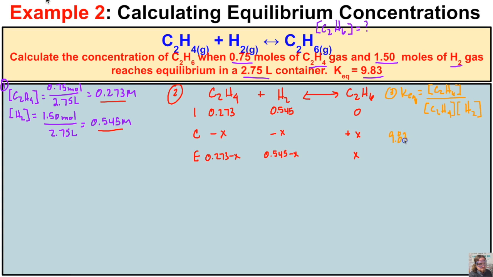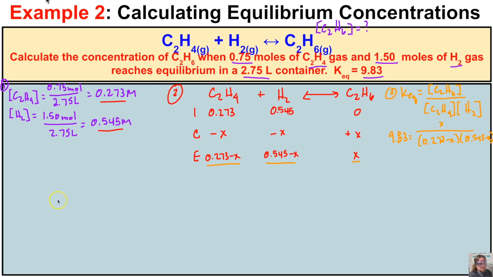So 9.83 is going to equal the equilibrium concentration of C2H6, which is simply X, all over the equilibrium concentration of our C2H4, which is 0.273 minus X, times our equilibrium concentration of H2 gas, 0.545 minus X.